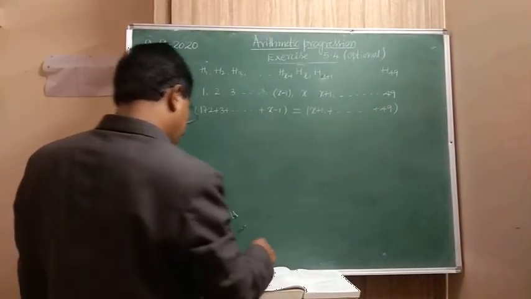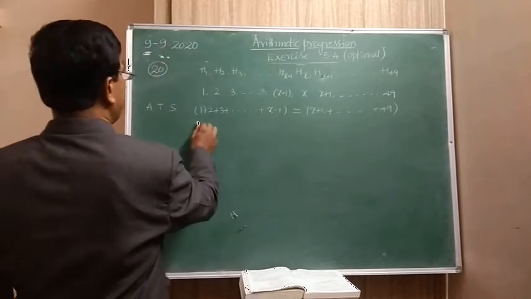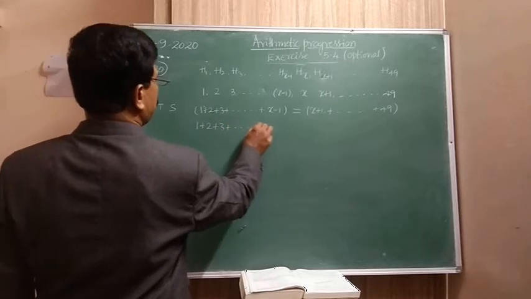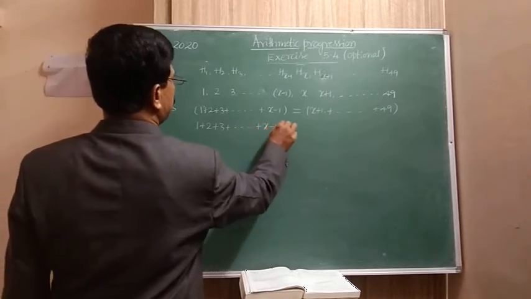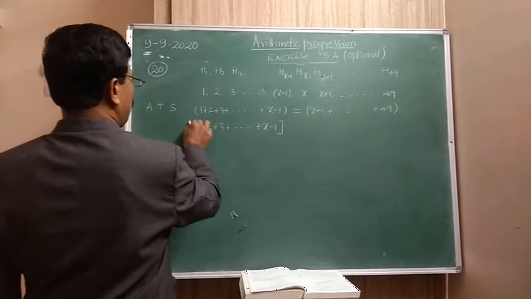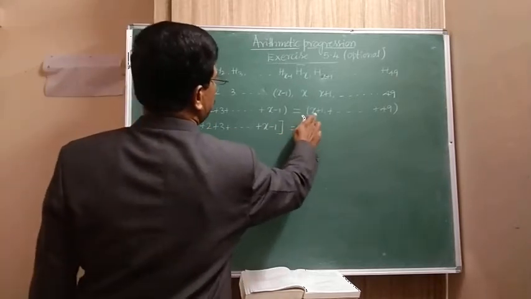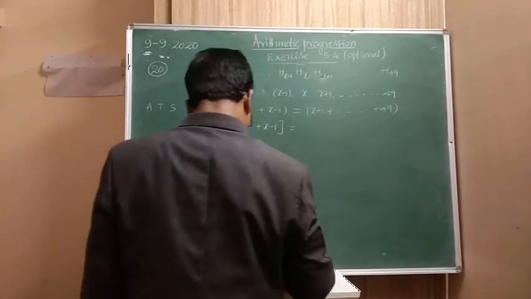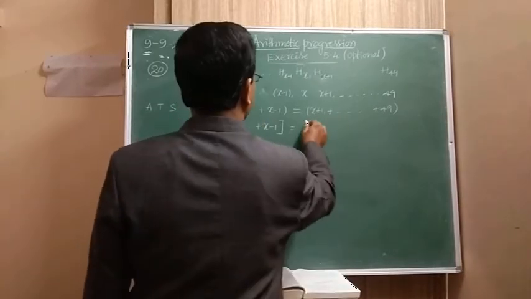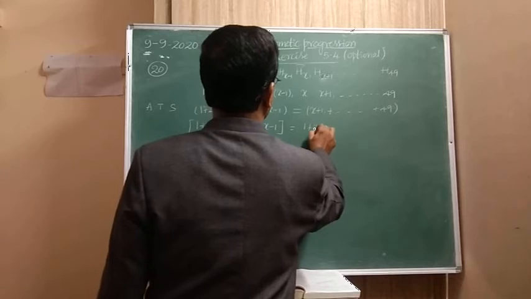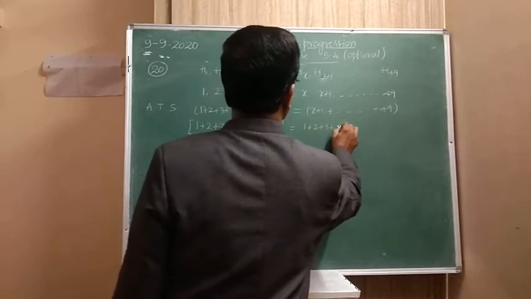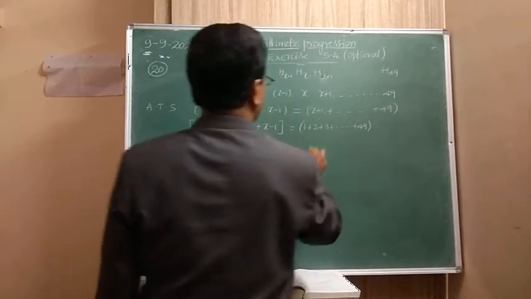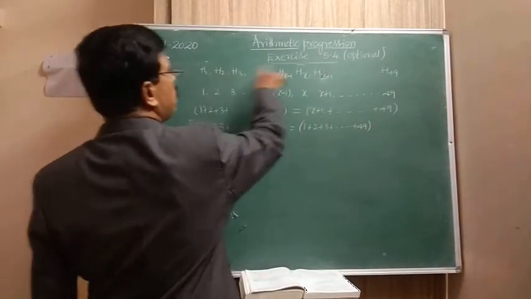Okay. Now here, you can take it as 1 plus 2 plus 3 plus etc. plus x minus 1. Now for x plus 1, etc., this can be written as the sum from 1 to 49, 1 plus 2 plus 3 plus etc. plus 49.